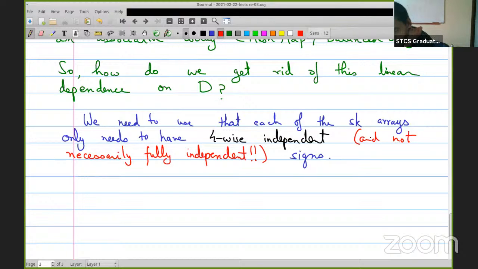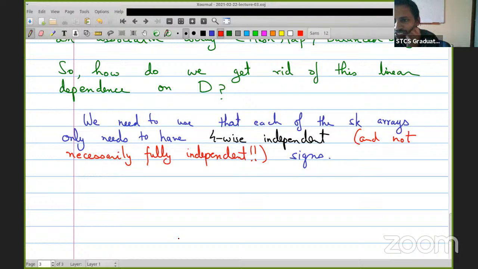Instead of 4-wise independence, let me first look at 2-wise independence. It's a very simple construction which lets you store n uniformly random bits, which are pairwise independent, using only log n storage.